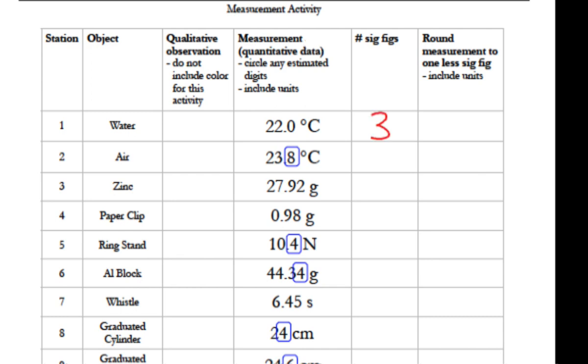That is 3 significant digits. Then in the next column it says round it to 1 fewer significant digits. Instead of 3, you're going to round it to 2. That would be 1 and 2, and the 0 rounds down, so that would be 22 degrees Celsius rounded to 2 digits. Then looking at the next one, 23.8 is 3 digits, rounding that to 2 digits, I would get 24 degrees Celsius, and so on.